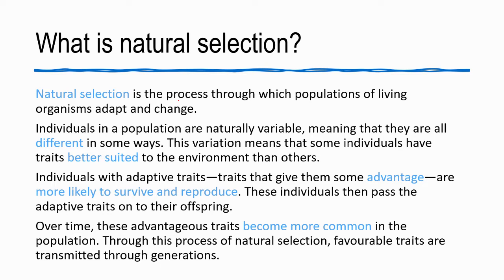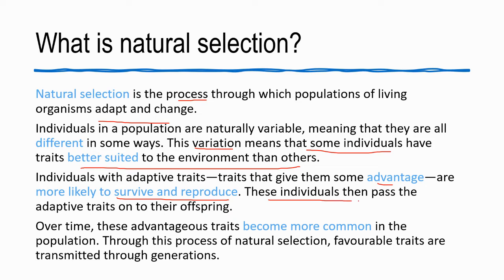Natural selection is the process through which populations of living organisms adapt and change. Individuals in a population are naturally variable, meaning they all are different in some ways. This variation means that some individuals have traits better suited to the environment than others. Individuals with adaptive traits that give them an advantage are more likely to survive and reproduce.